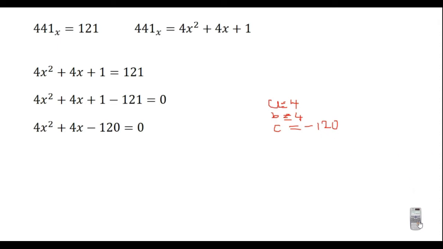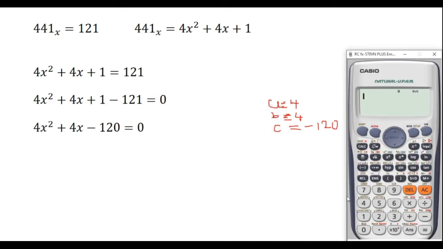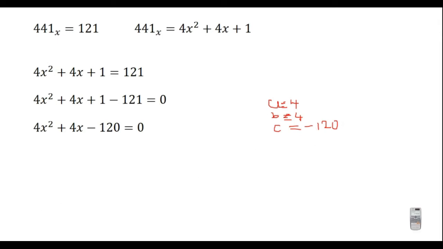So if you multiply a by c, 4 times 120 will give us 480. Now since it's negative here, it means you are going to have negative 480. So a times c is given as negative 480.